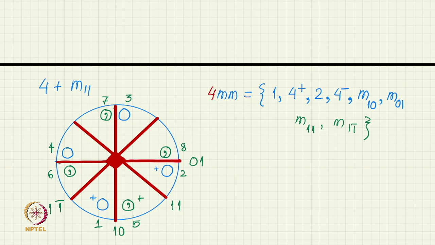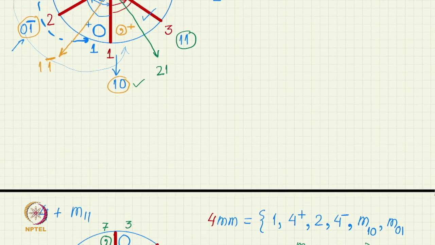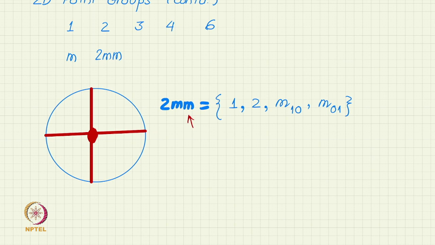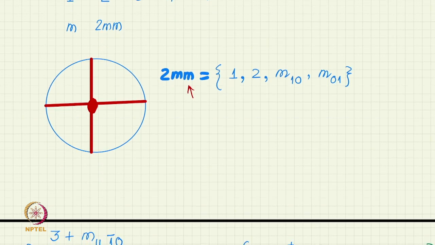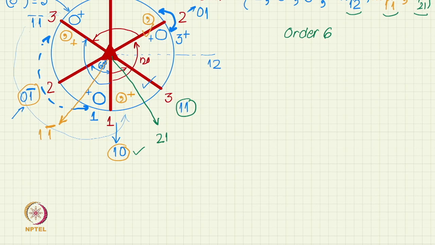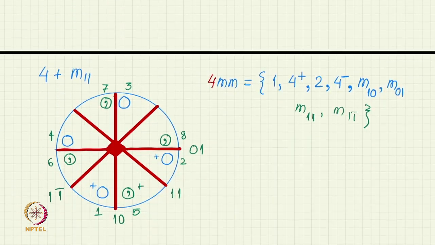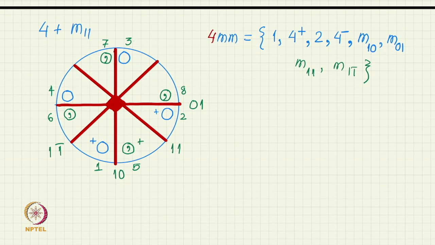We did the matrix method justification for 2 mm. We saw how a 2 and M10 when combined through matrix gave you the matrix for M01. The same exercise can be extended to these. We are not doing it, but if you combine any of these, so for example 4 plus and M10, you should get some other mirror, because 4 plus is type 1, M10 is type 2.